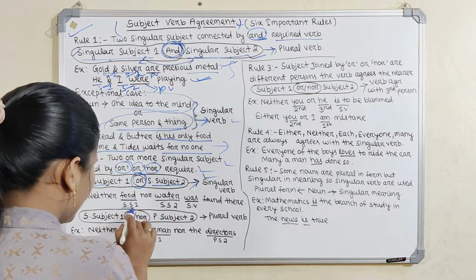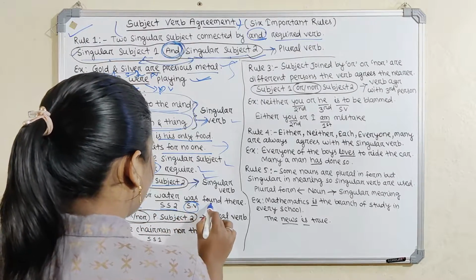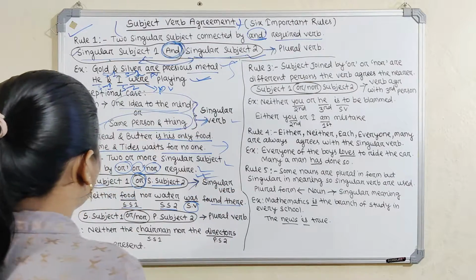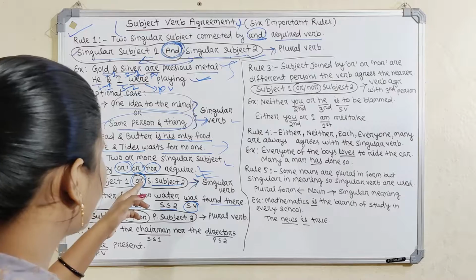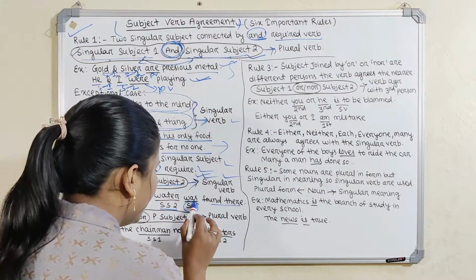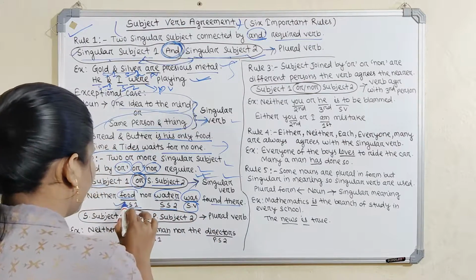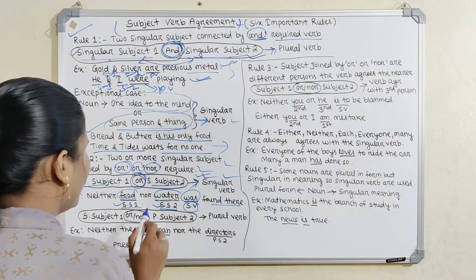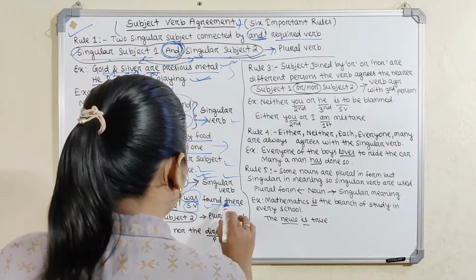Food is singular subject 1, water is singular subject 2, and was found is the singular verb. If singular subject 1 and singular subject 2 are connected by the word or, we use a singular verb in this case. Food and water are joined by the word nor, and was is your singular verb, found there.